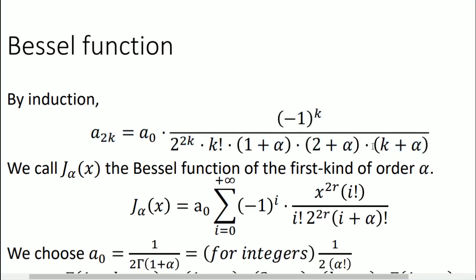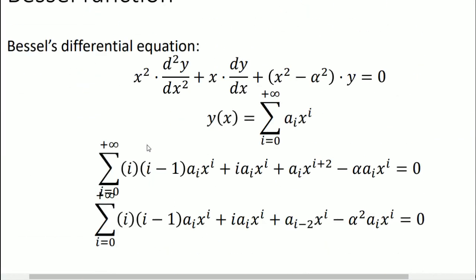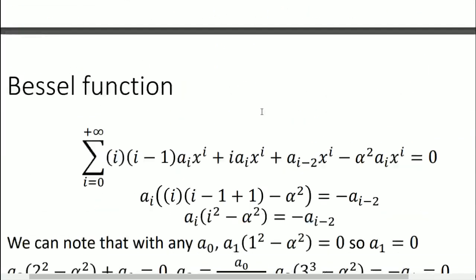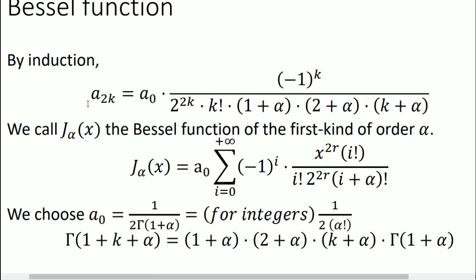And when we simplify, so do the recursion with this, we get this result here. So there are 3 dots here, obviously. So 1 plus alpha times 2 plus alpha times 3 plus alpha dot dot dot times k plus alpha. So now remember we have a differential function that depends on alpha. So we call J alpha the Bessel function of the first kind of order alpha.